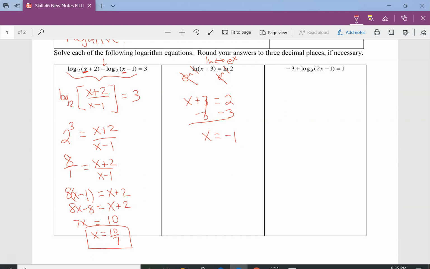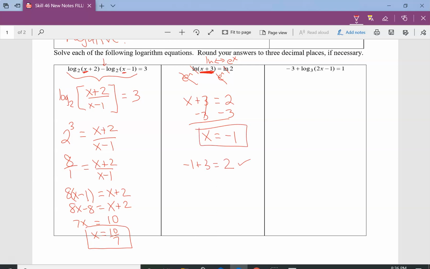Now, please don't sit here and say, oh, we got a negative answer, so this must mean it doesn't work. No, it's not if the answer of x is negative. Please know that. It is if when you plug in the -1 to the log expression, that is negative, that's a no-no. Well, -1 plus 3 is +2, so we're good.